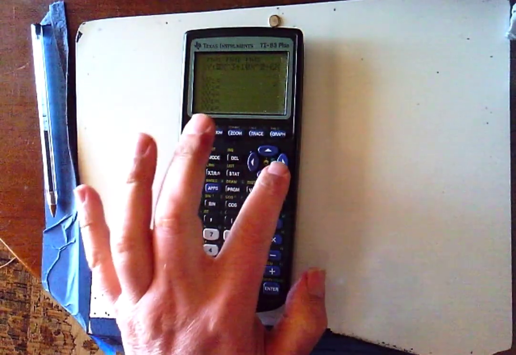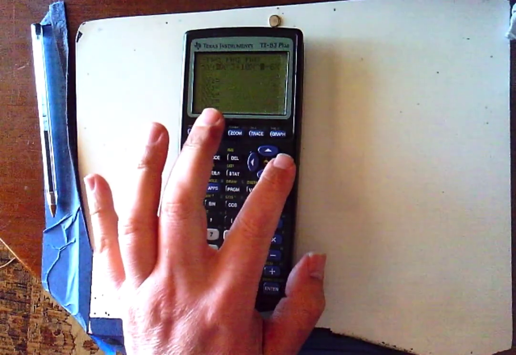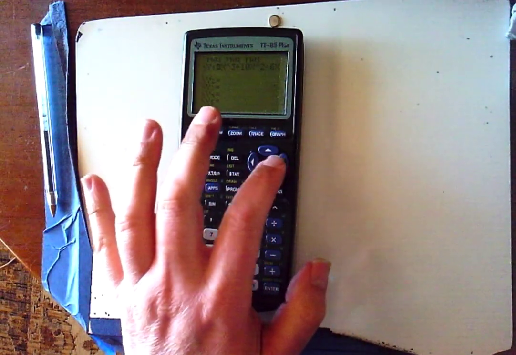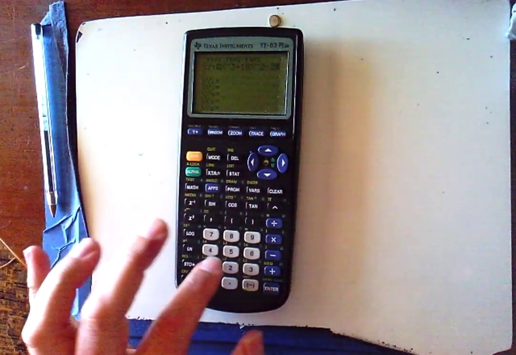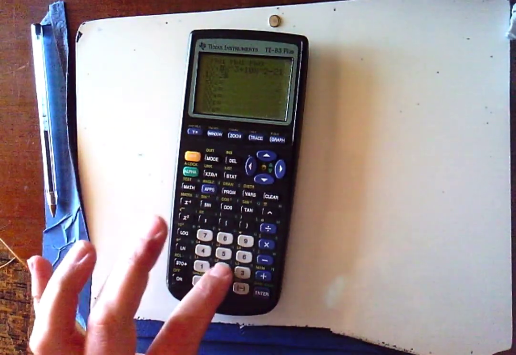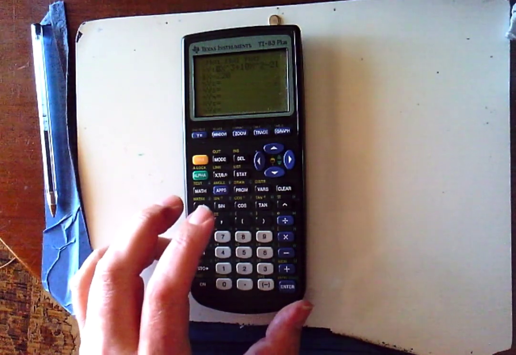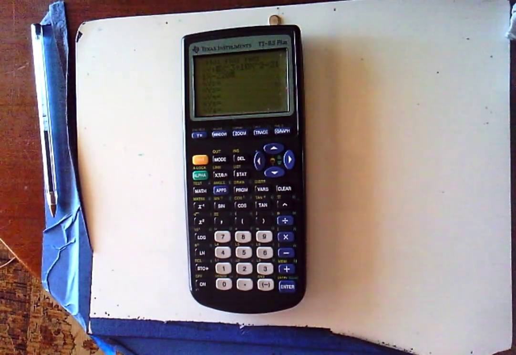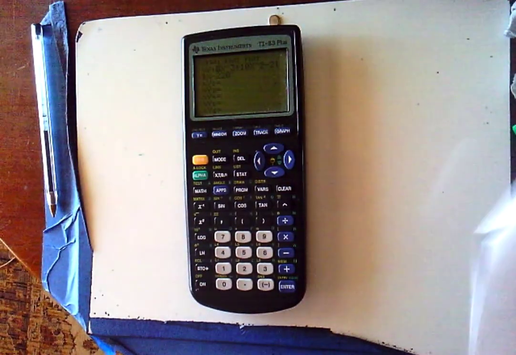Second insert. So I've got plus 10x squared minus 211x minus 220. Okay. And then it says, find a good viewing window that allows you to see this picture.